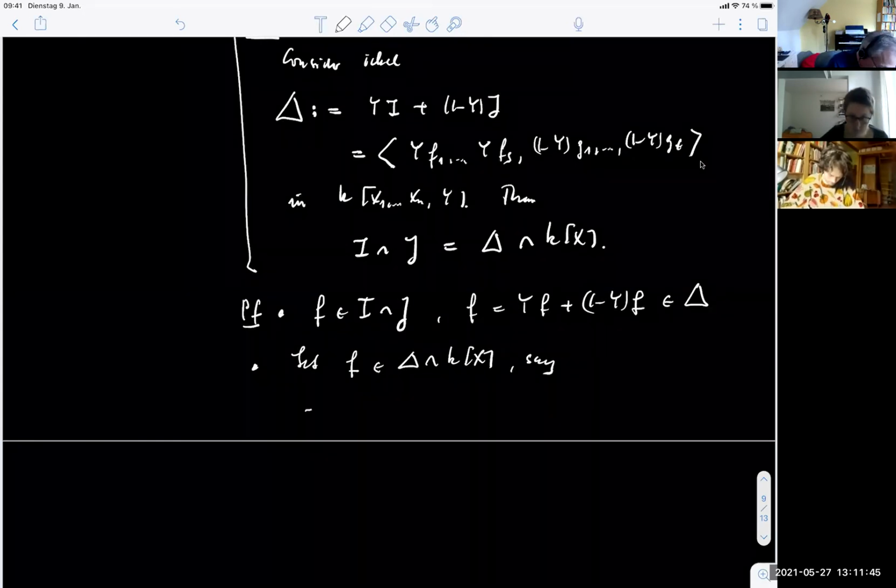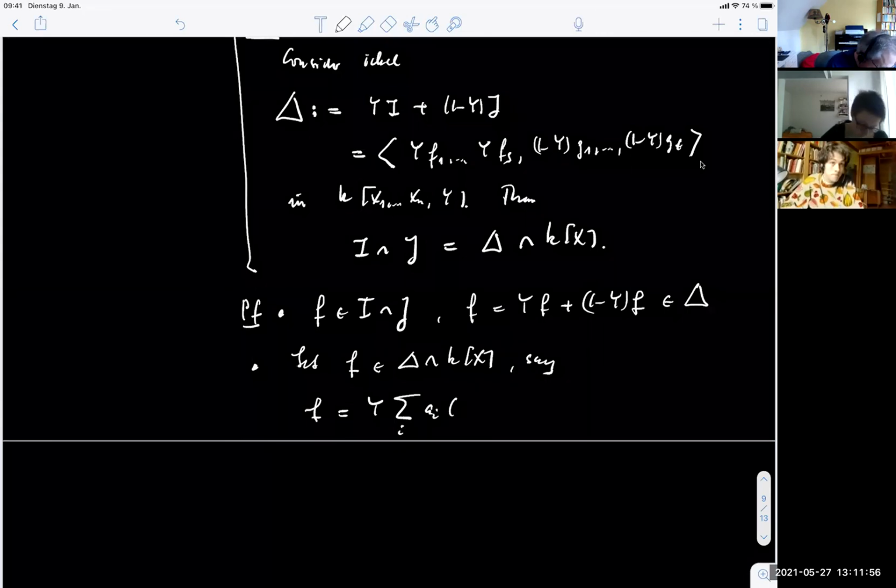So I could write f as y times the sum over i of a_i, which are coefficient polynomials depending on x and y, times f_i, plus (1 minus y) times the sum over j of b_j, also depending on x and y, times g_j.